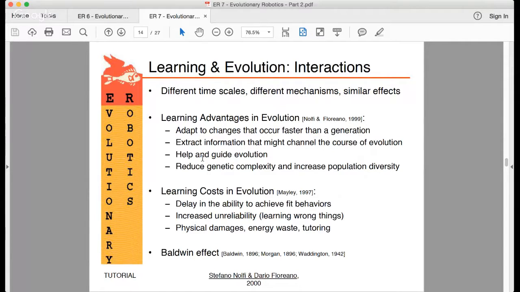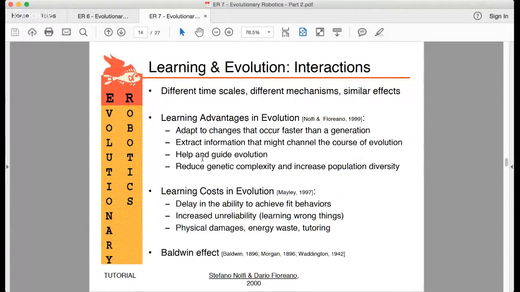So what are the learning advantages in evolution? Adapt to changes that occur faster than a generation, of course. Extract information that might channel the course of evolution, help and guide evolution, reduce genetic complexity, and increase population diversity.